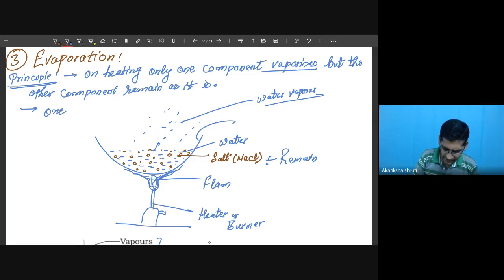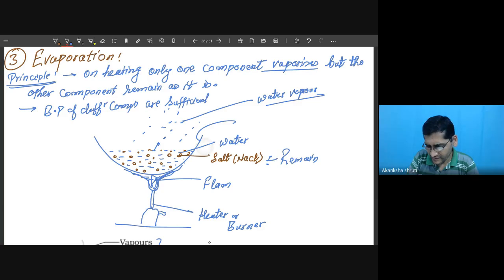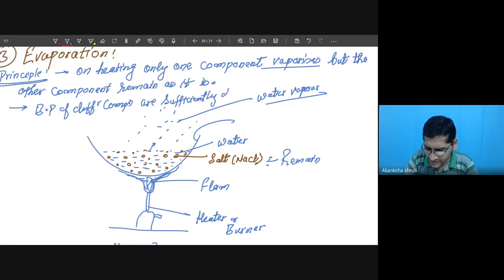If you want to write it simply: the boiling points of different components must be sufficiently different, or having a sufficient gap.